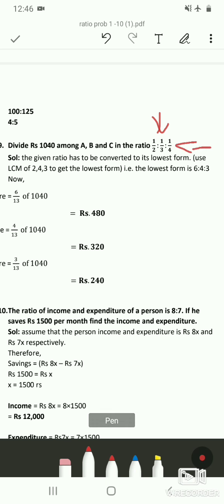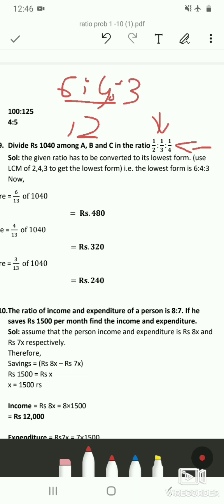So take the LCM of the denominators, that is 2, 3 and 4, which is 12, and then you simplify. For 1/2 it is 6, for 1/3 it is 4 and for 1/4 it is 3.